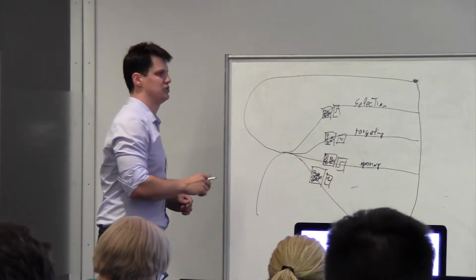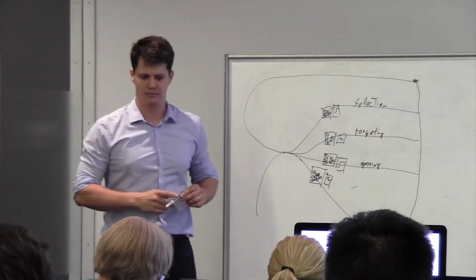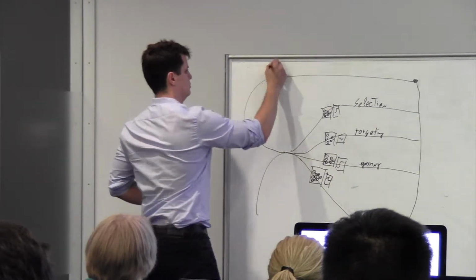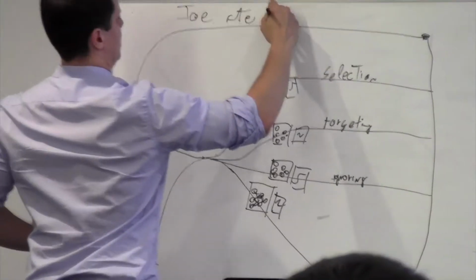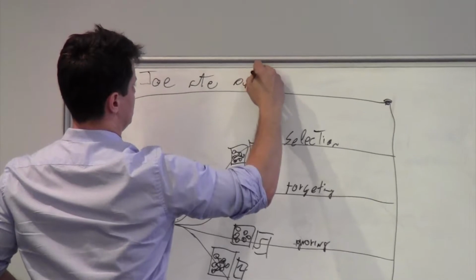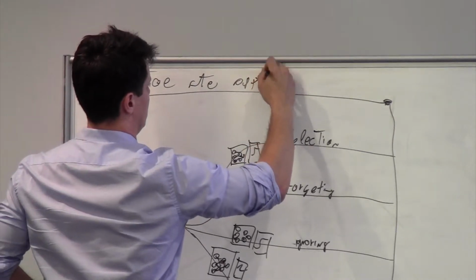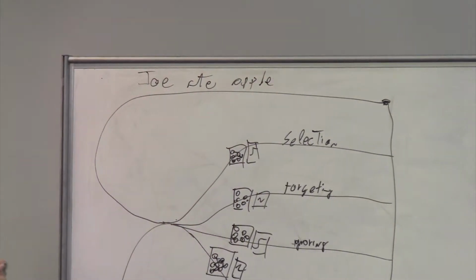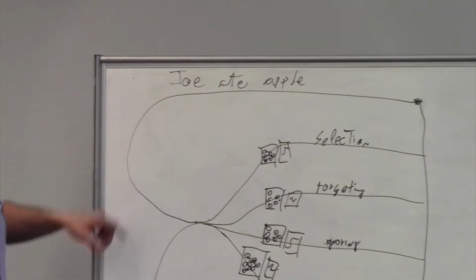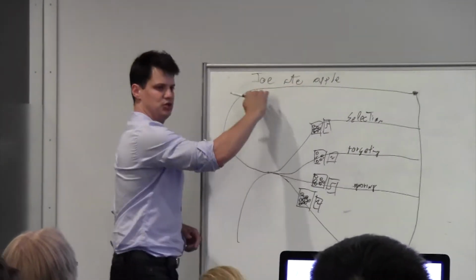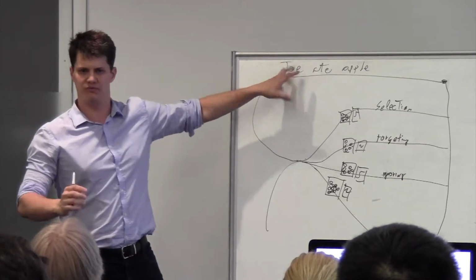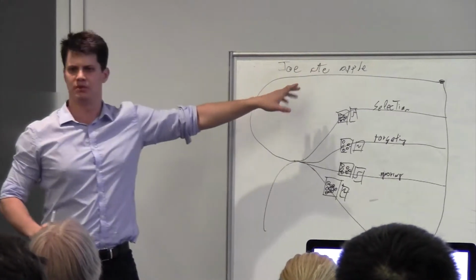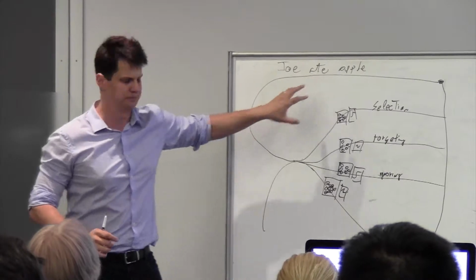So let's grab two sentences. Joe ate an apple. Now, let's say that we have a bunch of sentences like this, exactly like this. Just a variation of names and a verb in the middle.